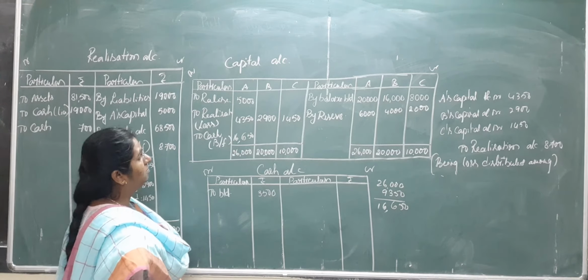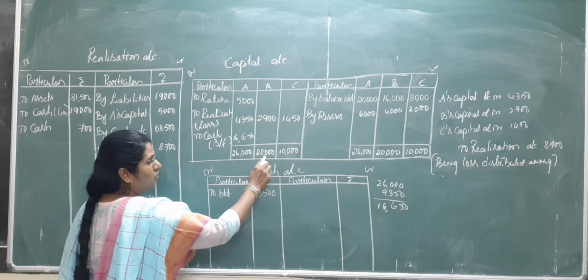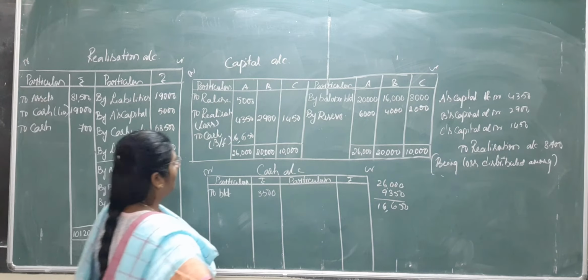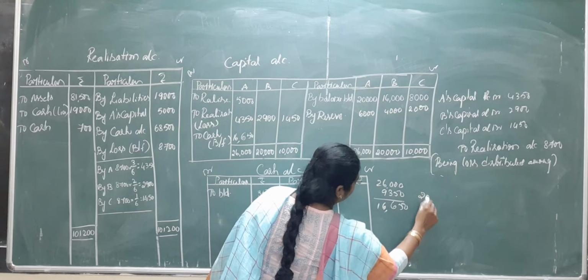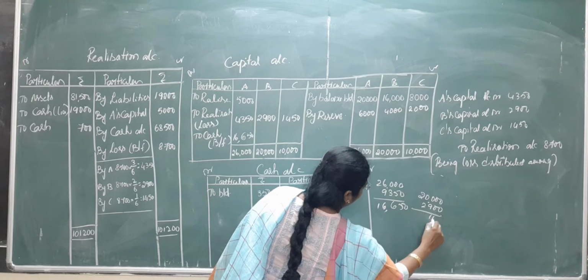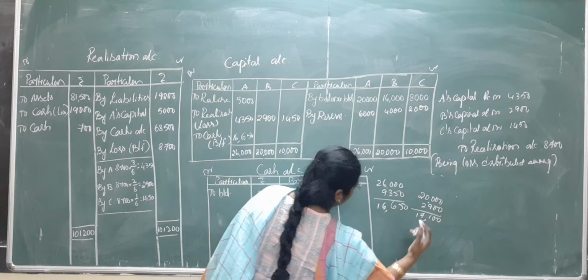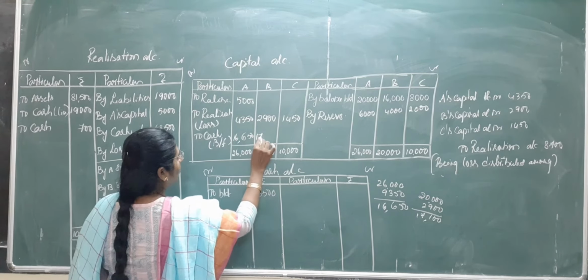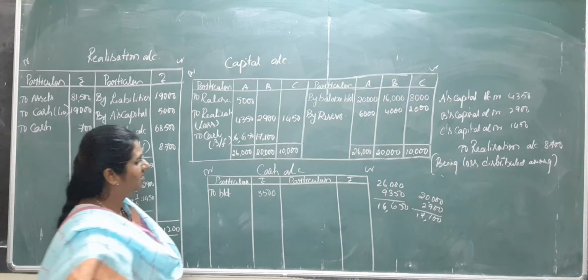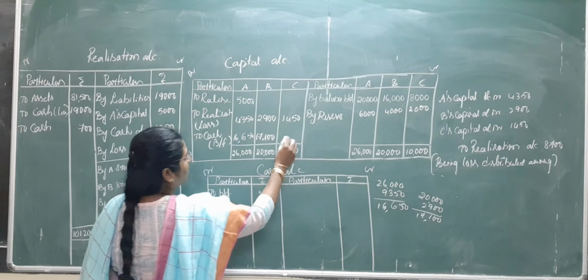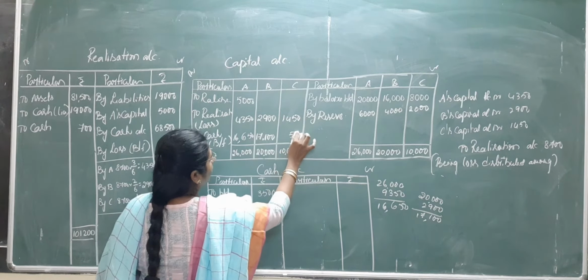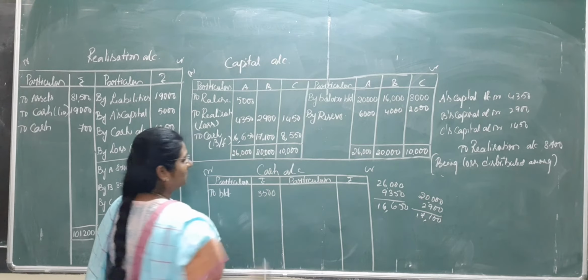Now for B, the total amount is 20,000 and here we have 2,900. So 20,000 minus 2,900 shows 17,100. Next, 10,000 minus 1,450 indicates 8,550.